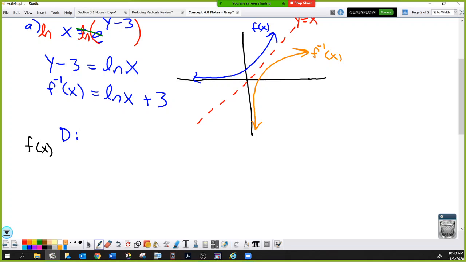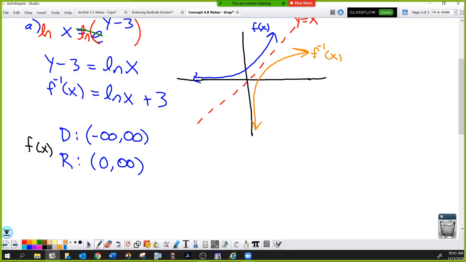It's an exponential. It goes forever left and right. All real numbers. But its range. It has a horizontal asymptote that it does not cross. Gets really close to it though, right? The x-axis, y equals 0, and then goes up. So from 0 to infinity.